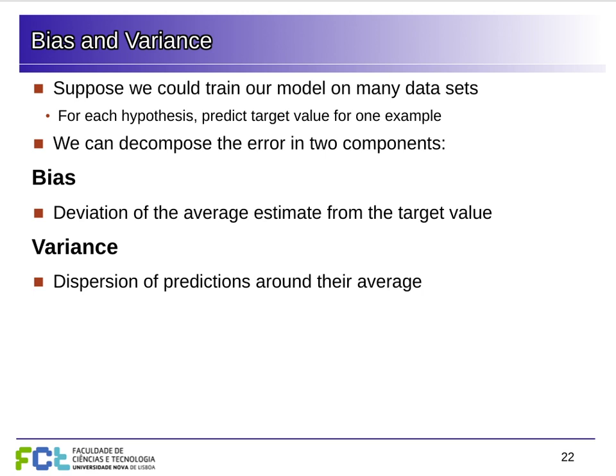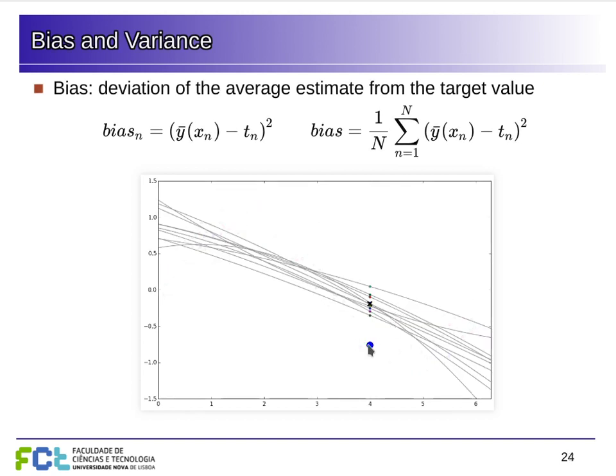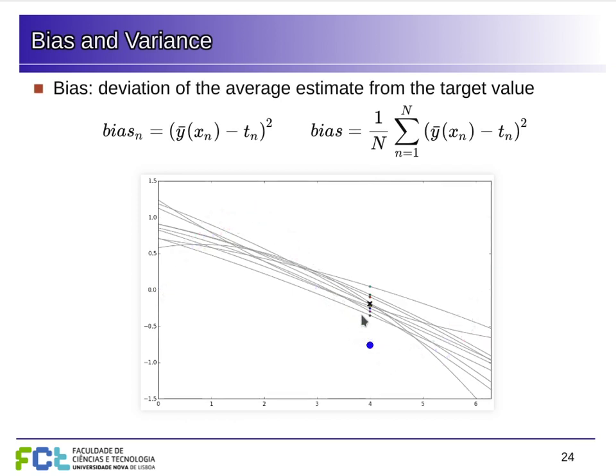So the bias would be, we all train the same model on our different data sets, and we get something like this. For example, we have the different data sets over the different universes, and these would be the different models that are trained, but we can see that for one particular target value here in our data, our different models are all predicting around here.